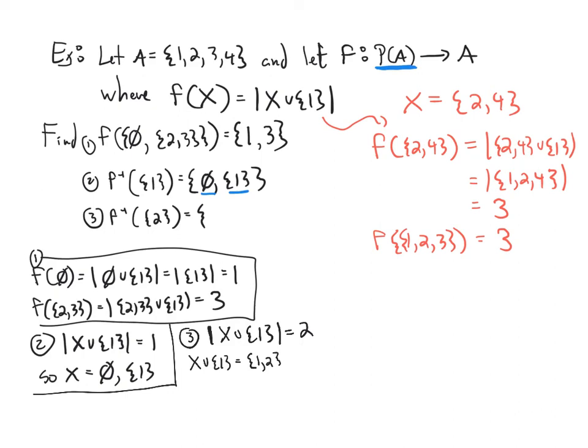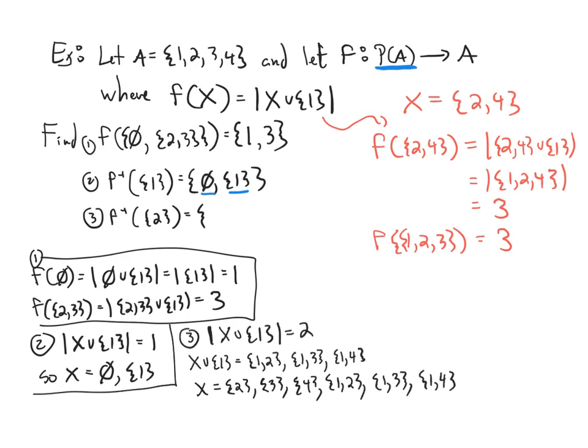It definitely has a 1 in it, so it could be {1, 2}, {1, 3}, or {1, 4}. What sets give us {1, 2}, {1, 3}, or {1, 4} when we take the union with {1}? This means that X could be {2}, {3}, {4}, or it could be {1, 2}, {1, 3}, and {1, 4}. So X could be any one of those.